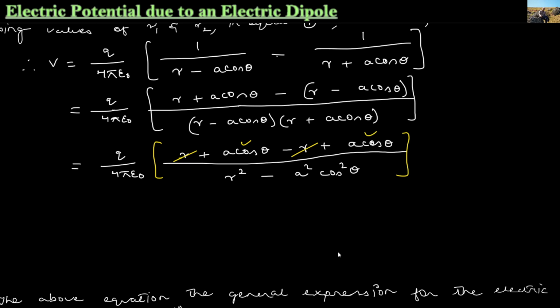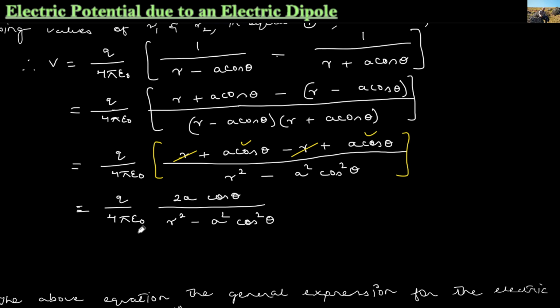Then we have the final expression of q divided by 4 pi epsilon naught. Over here you'll have a cos theta, but since there's a plus, you'll have twice a cos theta, and in the denominator the term r squared minus a squared cos squared theta.